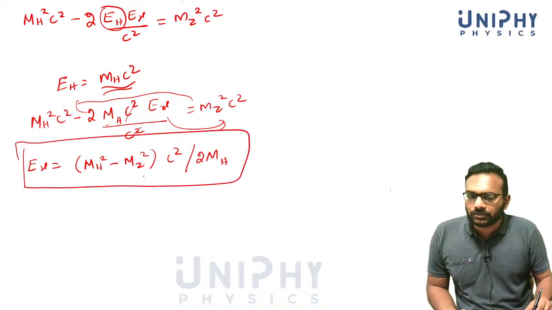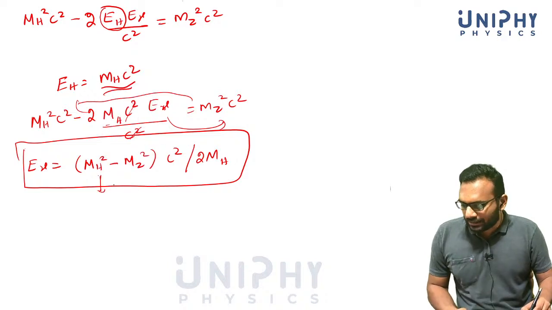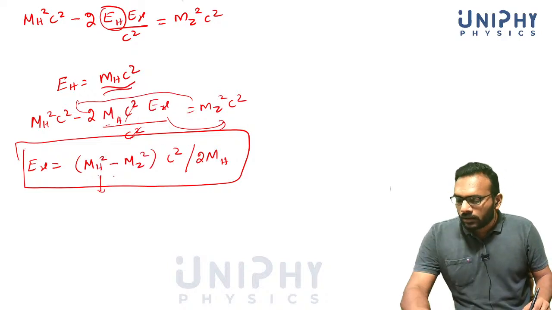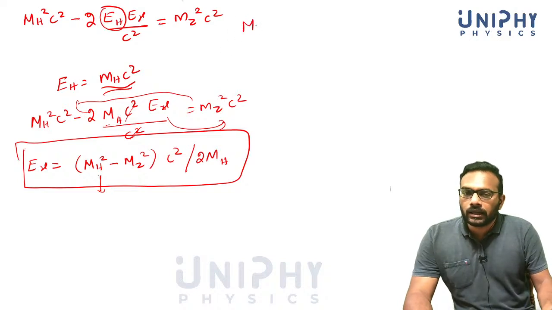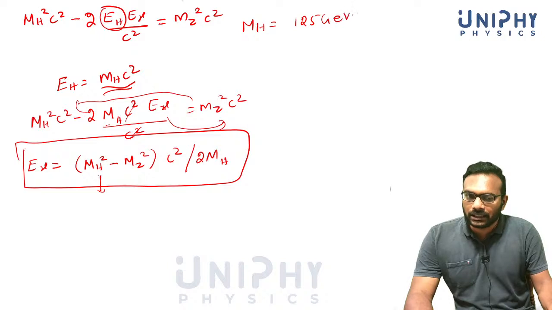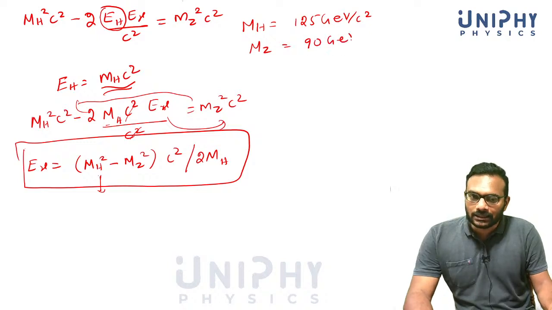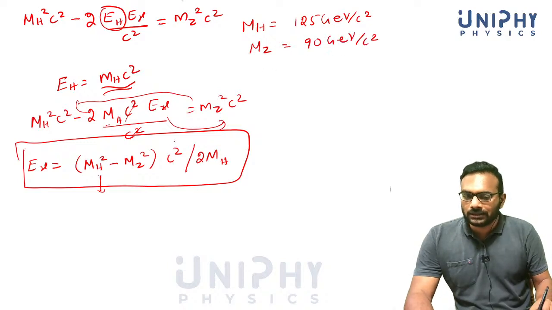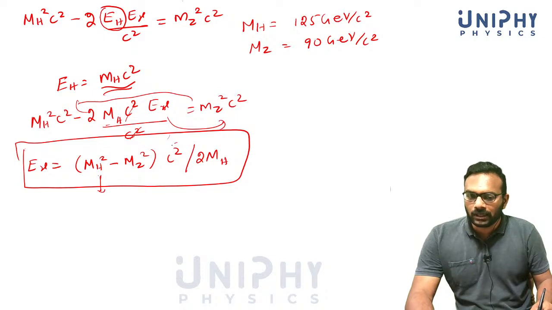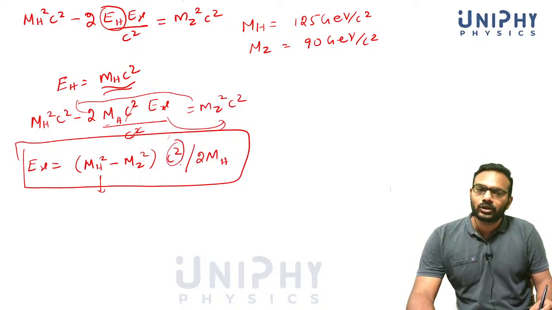Now you just substitute numbers. mh is given in the problem to be 125 GeV by c square, and mz is given by 90 GeV by c square. So this c square will cancel here because we are multiplying with the c square, taking the corresponding energy.